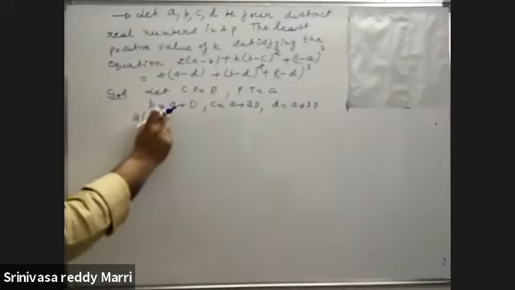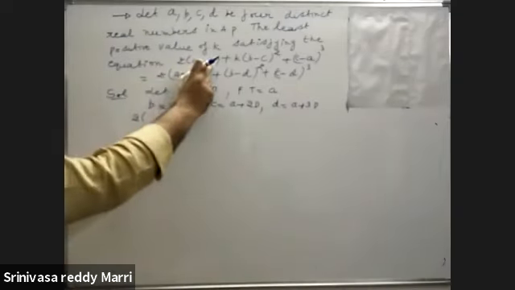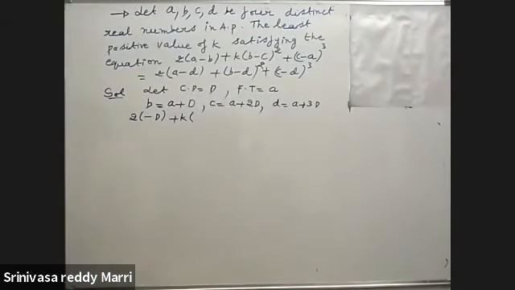So 2 into (A minus B): A minus B means A minus (A plus D), that means minus D, plus K into (B minus C) whole square.